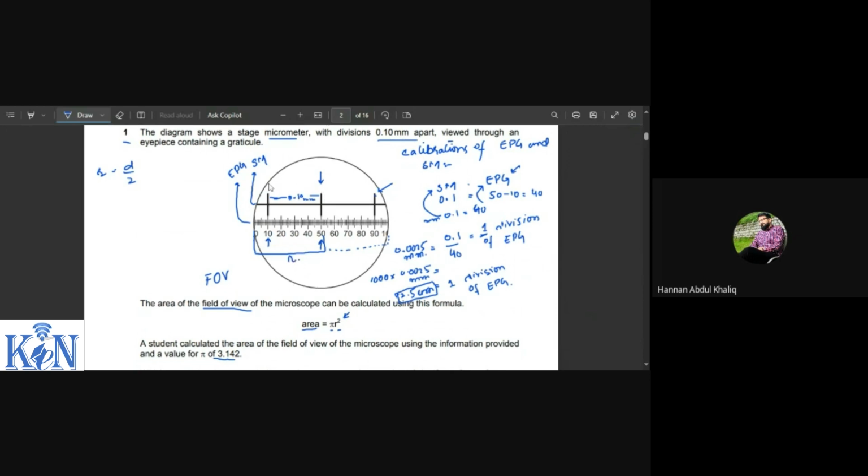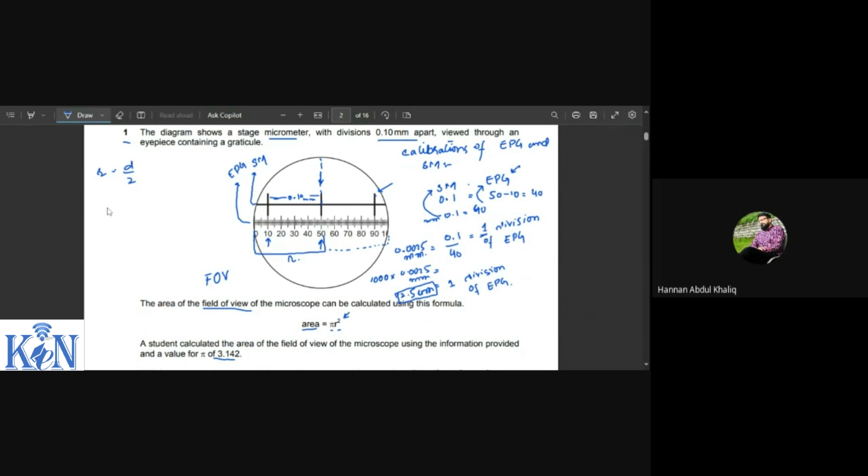The half field of view is from 0 to 50. If we were to calculate the diameter, then it would be the full field of view. But now we need the half field of view as we need to calculate the radius.